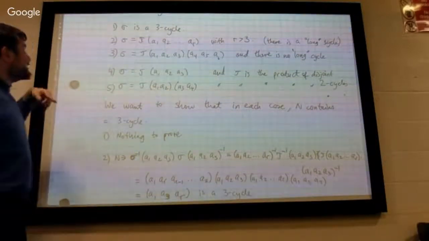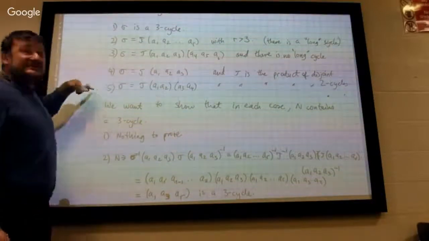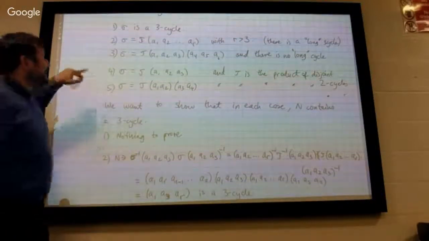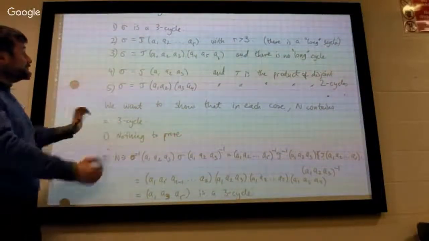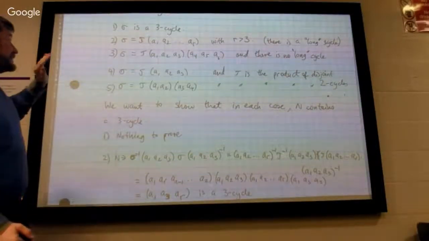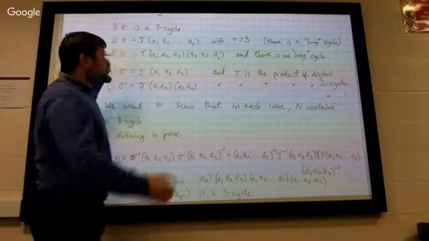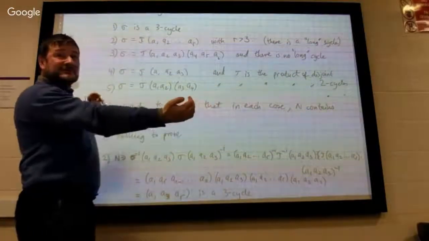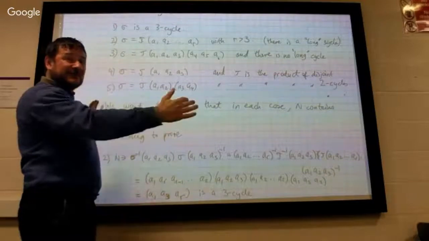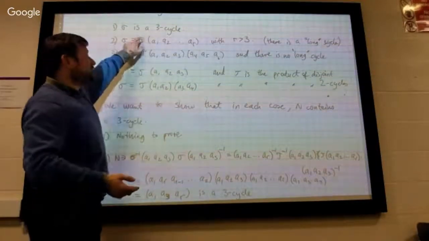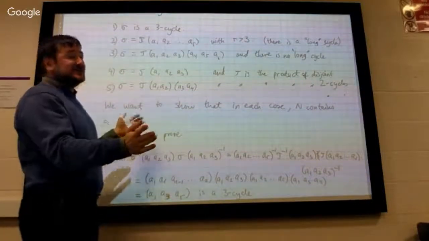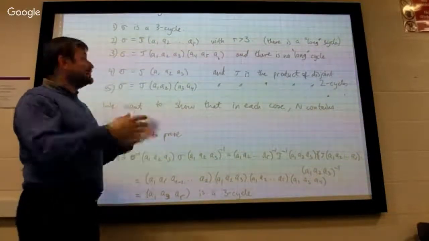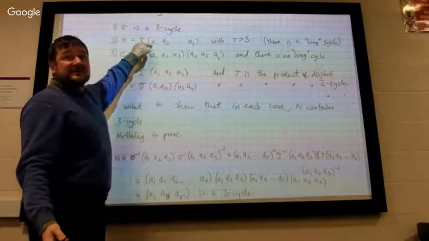And then exactly one of these things will happen. Either it's just a 3 cycle, or not just a 3 cycle, and it contains a long cycle, longer than 3, somewhere in the product. And the rest I'm not saying what it is. We don't know, it could be the identity, it could be some other cycles, but at least one long cycle.